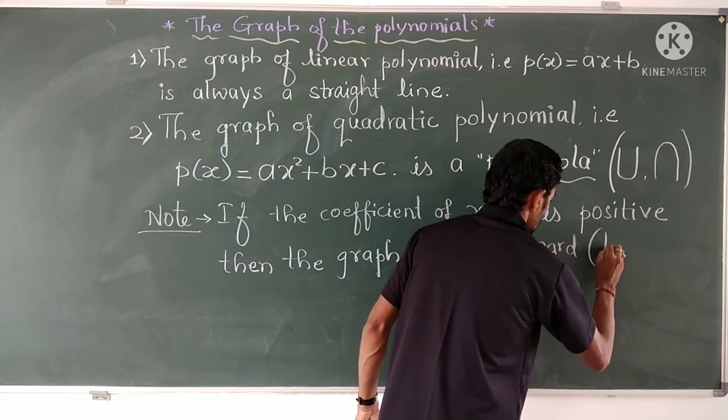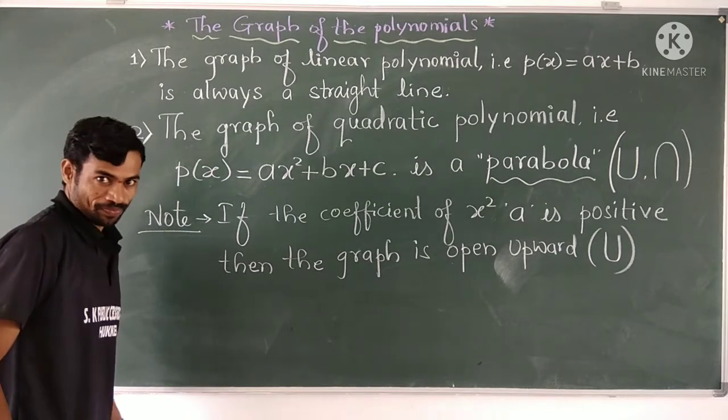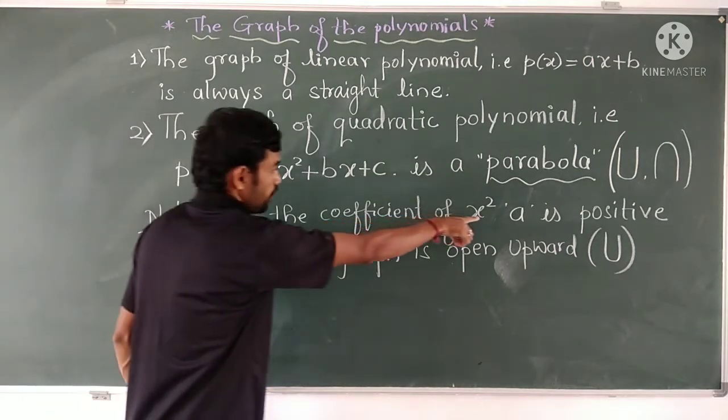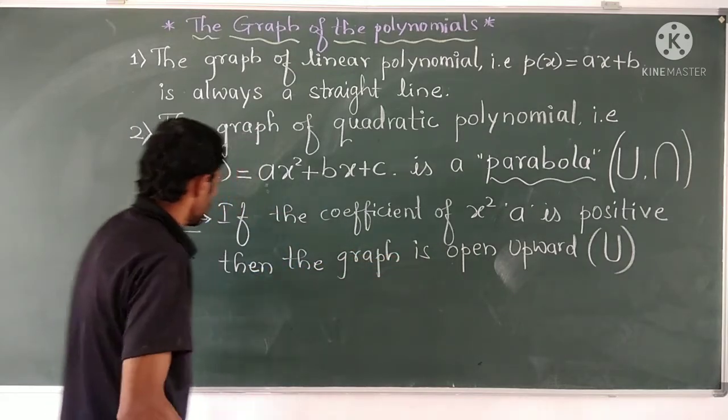Clear? So what type of graph do we obtain when a is positive? When the coefficient of x square, a, is positive, we obtain an open upward parabola.